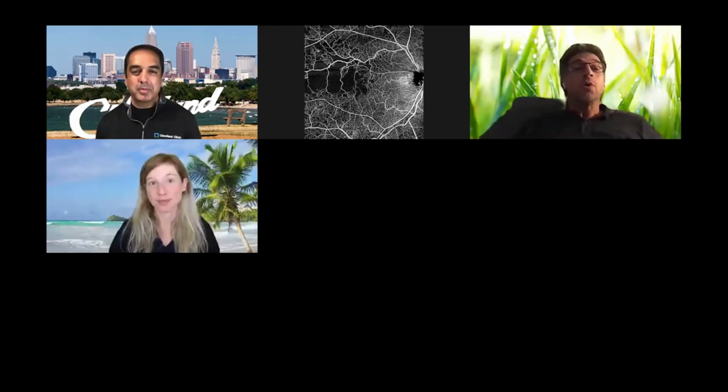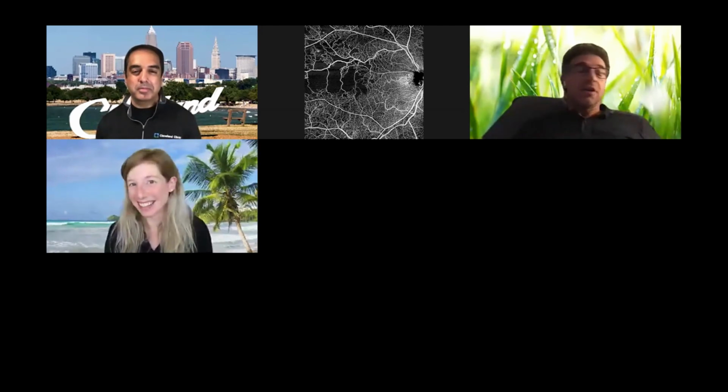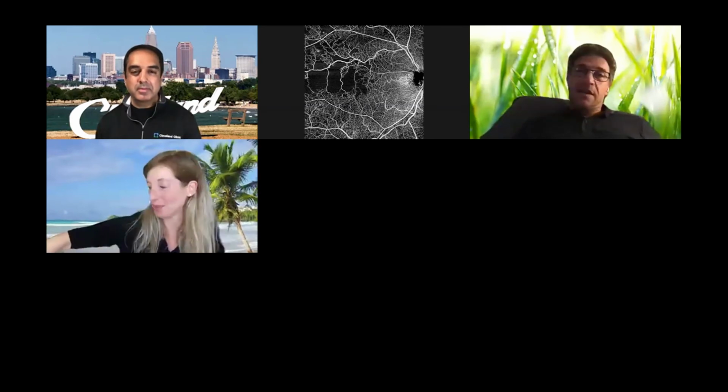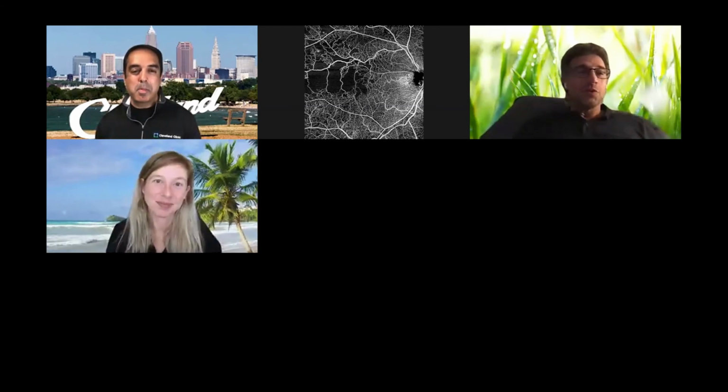I don't want to negotiate with you, but I will use all of them. But if I need to choose the ones that I would use the most, that would be the color fundus photo and fluorescein. But again, we are seeing the technology going into OCTA.